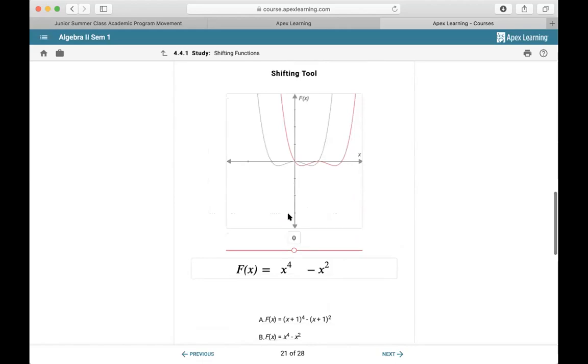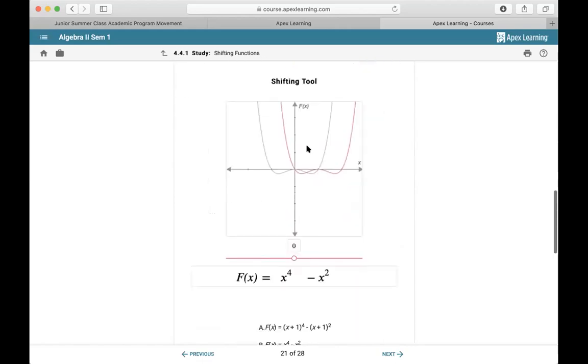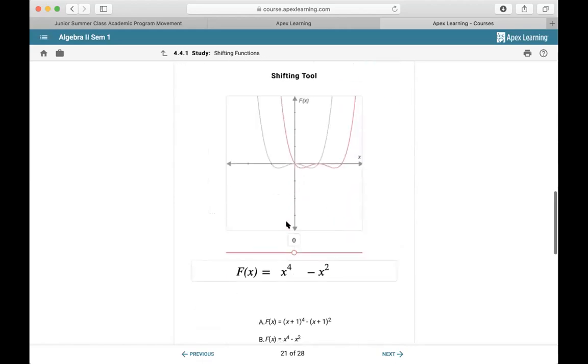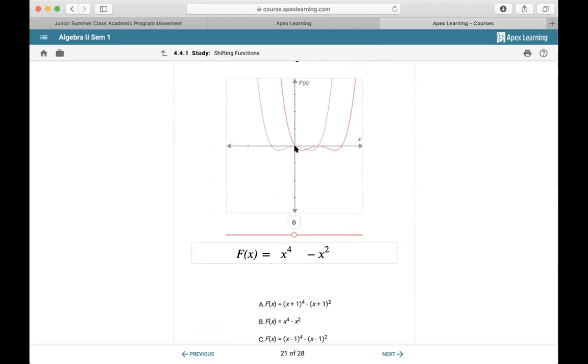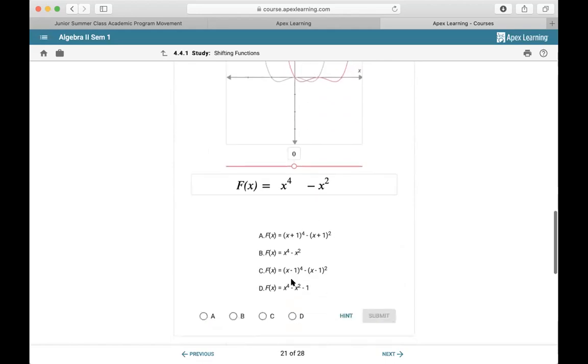Now I'm trying to match my original graph to the red one. If my original graph is x to the 4th minus x squared, it looks like I've just shifted over 1 to the right. So I'm going to subtract 1 from both of those values. So I'm going to have x minus 1 quantity to the 4th minus x minus 1 quantity squared.